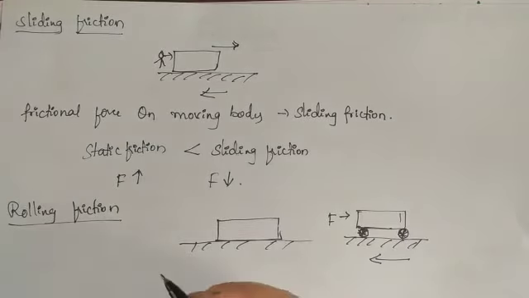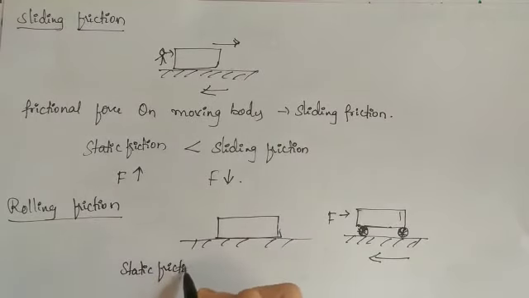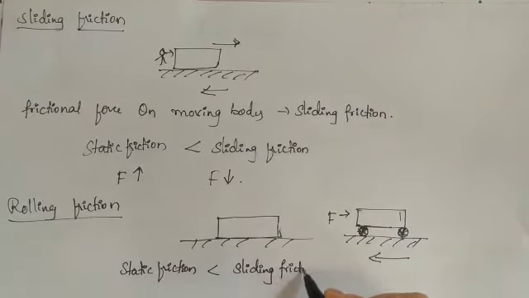So what I can conclude from this is, first I said static friction is less than the sliding friction. Next I can conclude sliding friction is less than the rolling friction. Why?